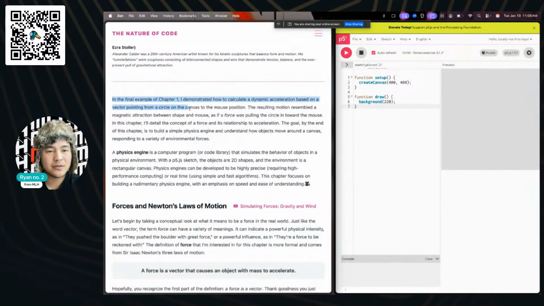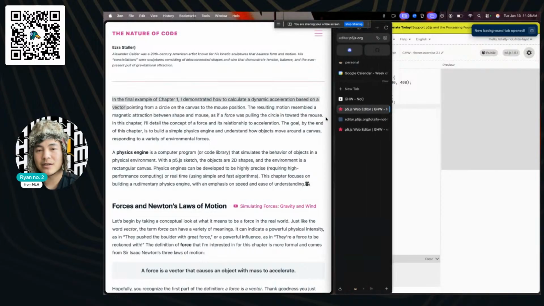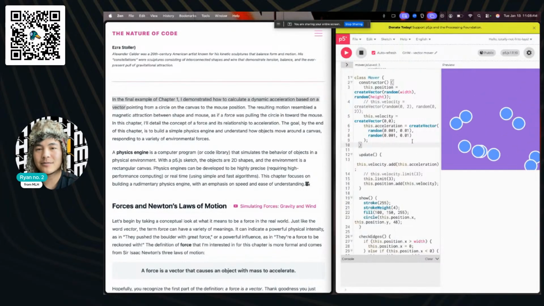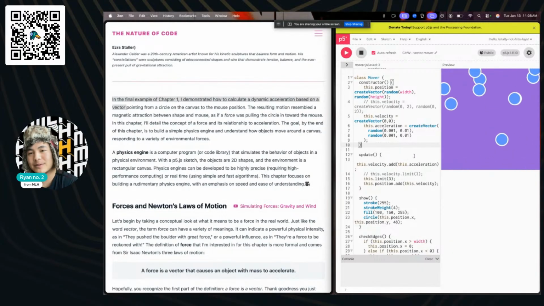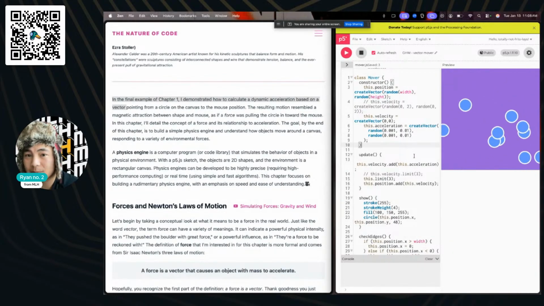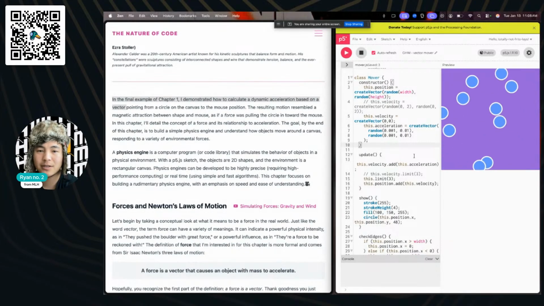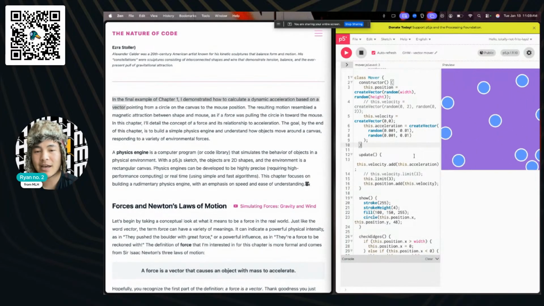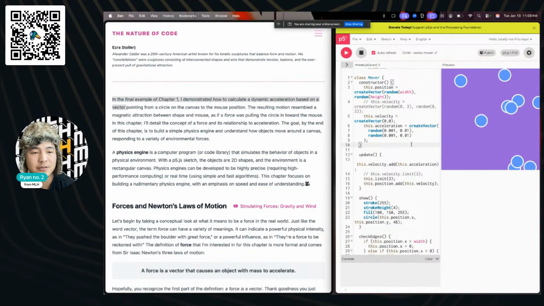In chapter 1, we were working on introducing vectors to move things around. Let me see if I can pull out the thing that we made from the first one. Oh yeah, here we go. Basically, we started animating circles, just literally any shape that we wanted, and we chose circles, and started to add some sort of acceleration to it.